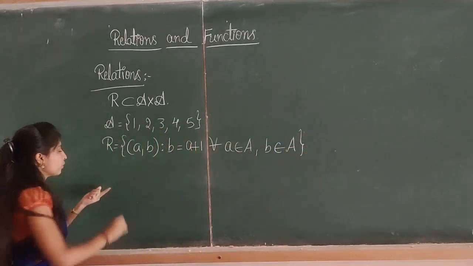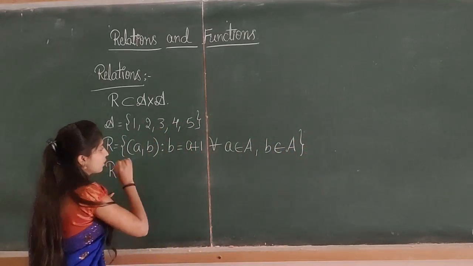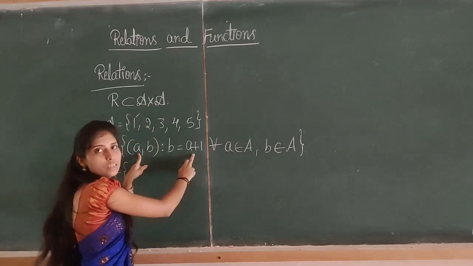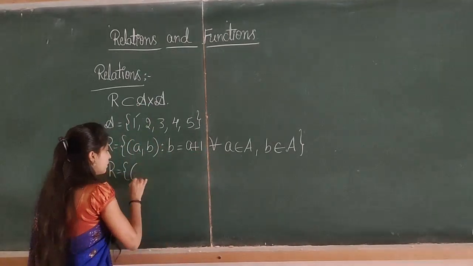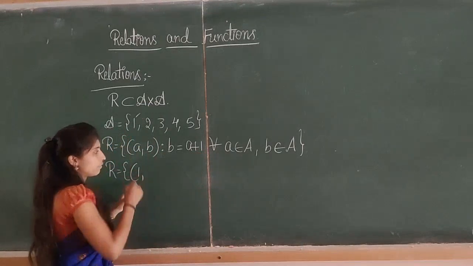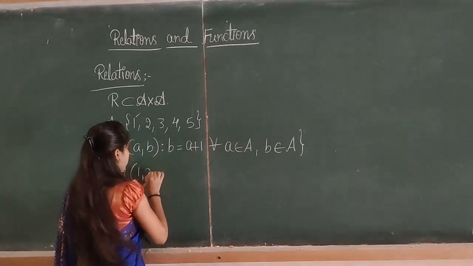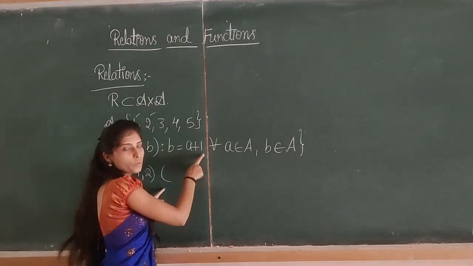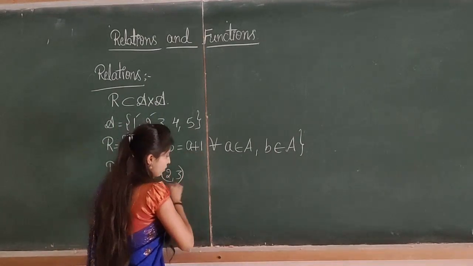Now, how we are going to write the relation here? If you take the value of A is 1, then the value of B is 1 plus 1, 2. Here the value of A is 1 and the value of B is 2. If the value of A is 2, then the value of B is 2 plus 1, that is 3.